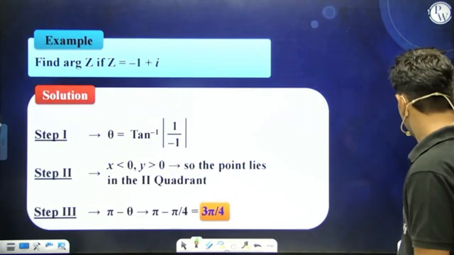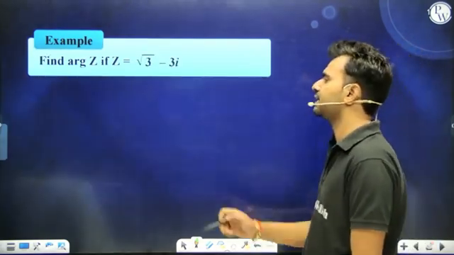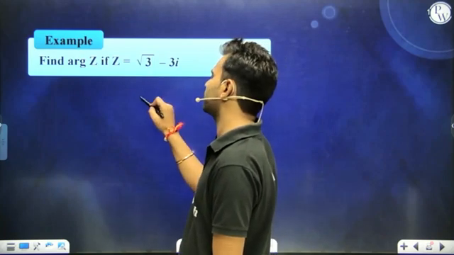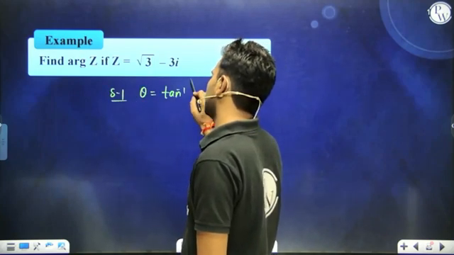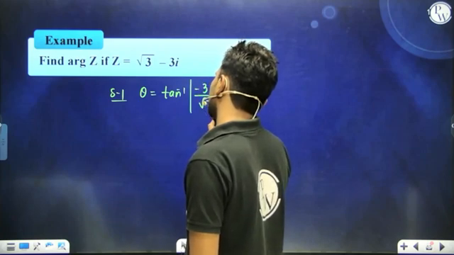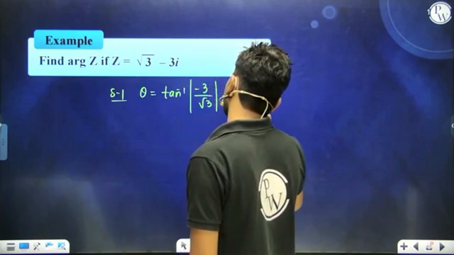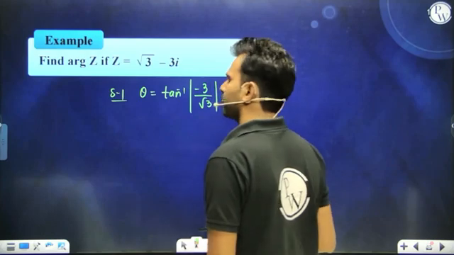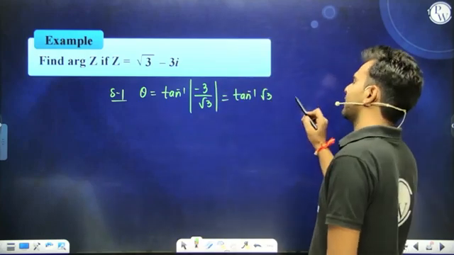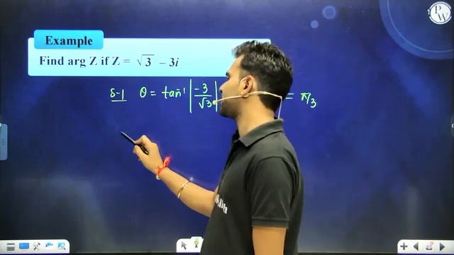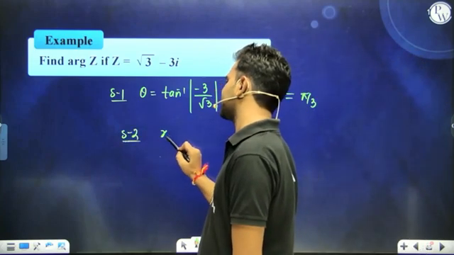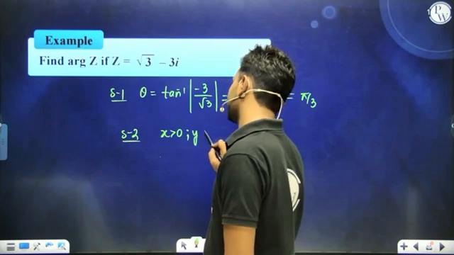Moving on to the next argument. In this case, step 1, theta equals tan inverse of minus 3 by root 3, so it is going to be tan inverse of root 3 only. For what angle does the value of tan come out to be root 3? Pi by 3. Step 2 is identifying the quadrant.